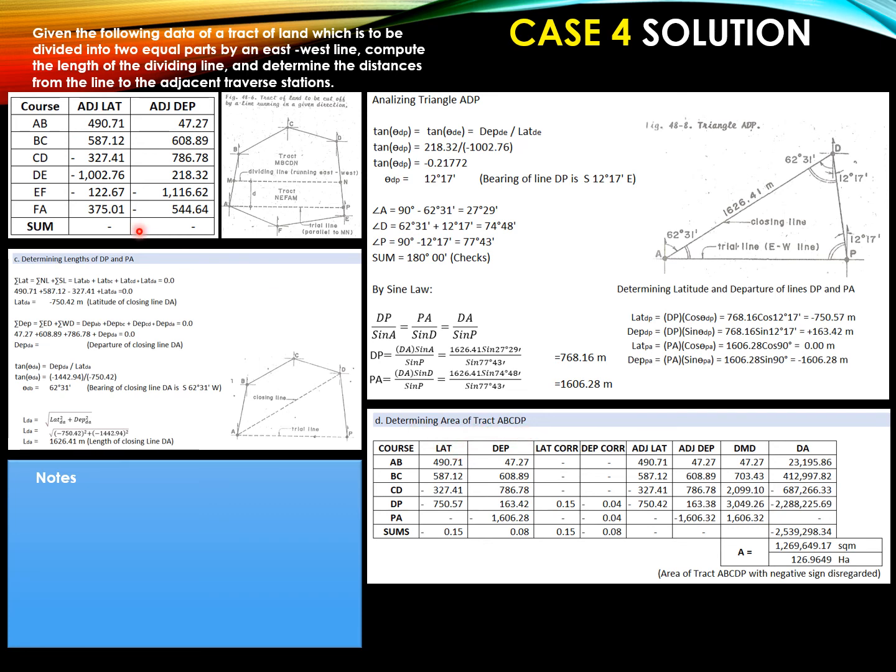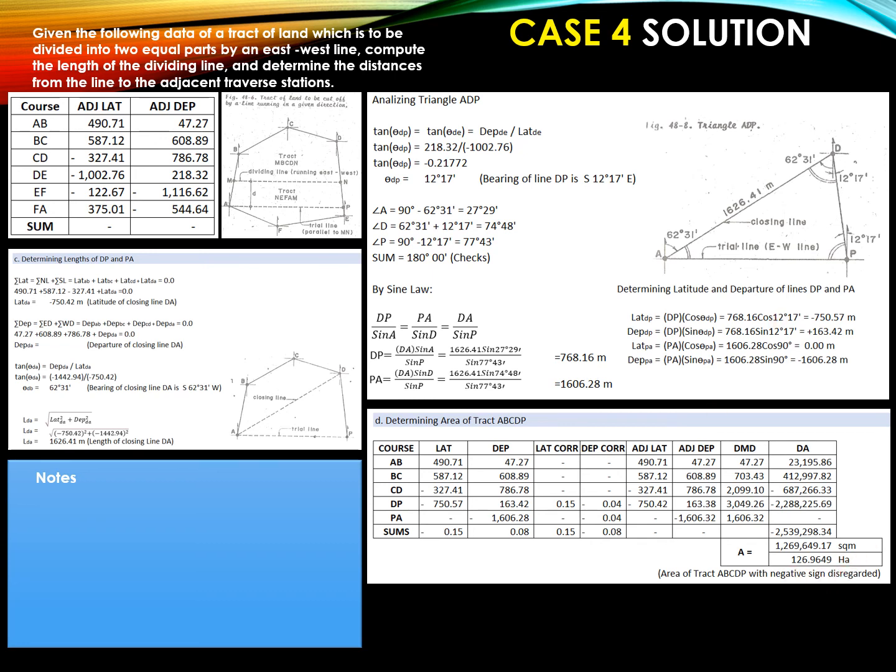Okay? Area ng track ng ABCDP. So, yan yung area is 126.9649, which is sobra doon sa kalahati nitong kailangan natin kasi into 2 equal parts. So, sobra yung 126.